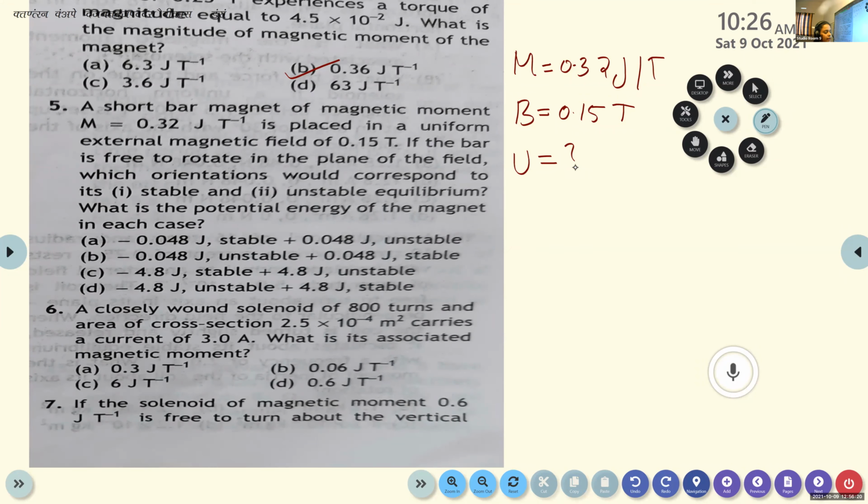Rijas, how can we calculate the potential energy of a magnetic field? What is the equation for the potential energy of a magnetic field? I don't know. Okay, Sania?